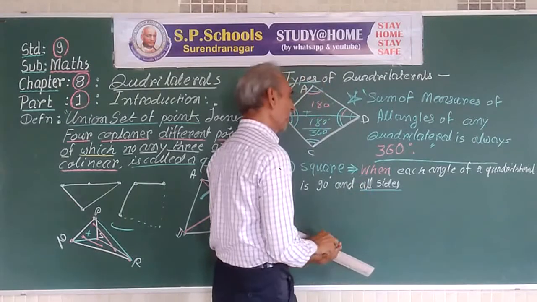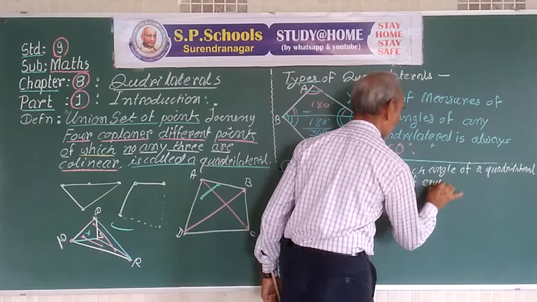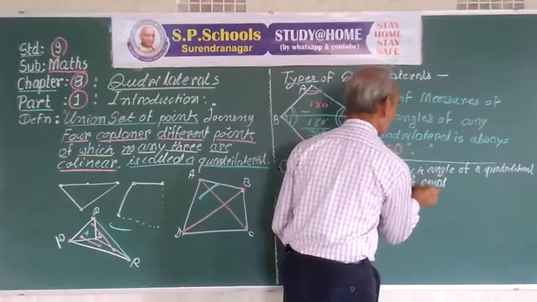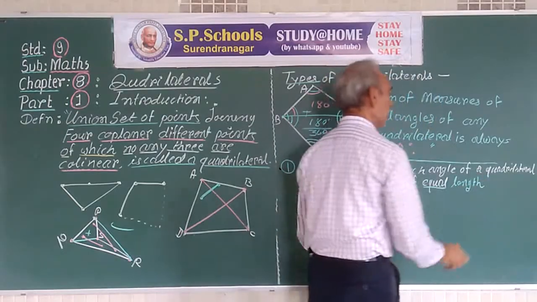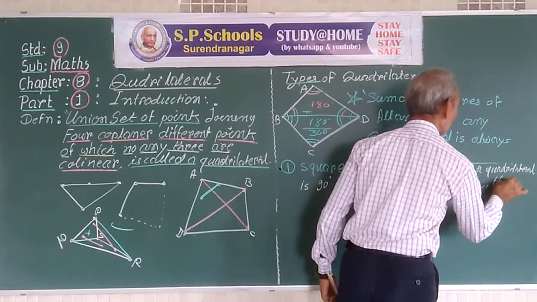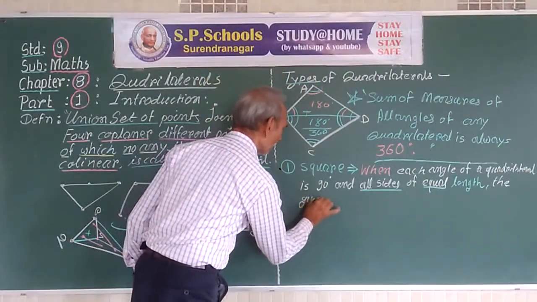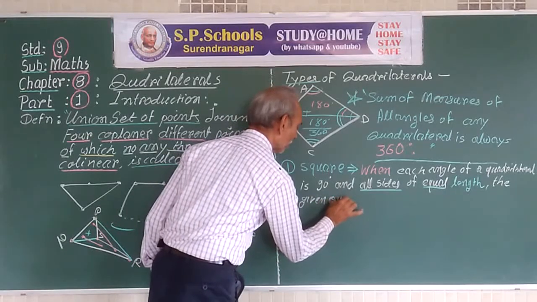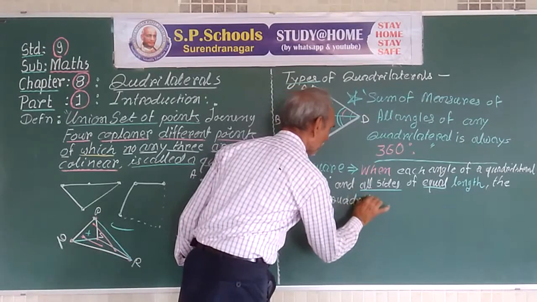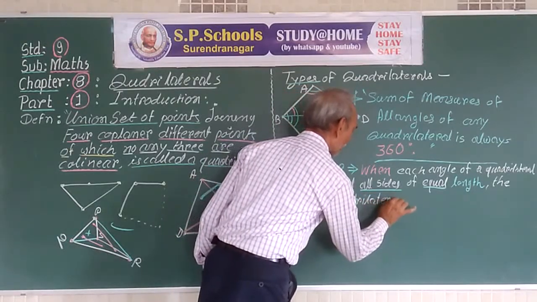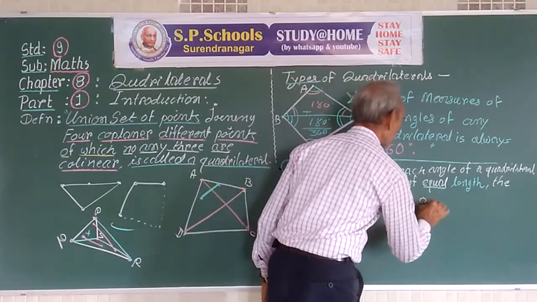All sides of equal length, the given quadrilateral is a square.